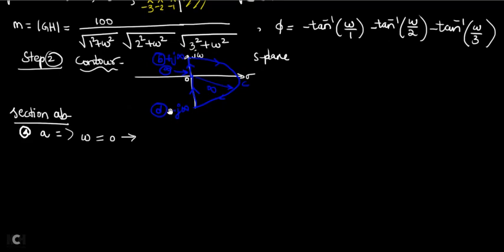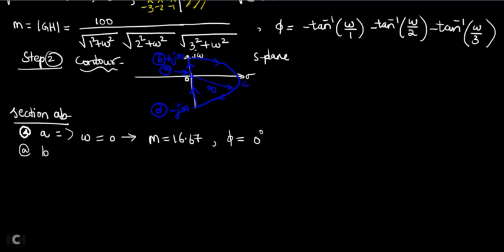If you simplify using your calculator, you are going to get the magnitude M value as 16.67. Now find the phase angle phi. You are going to get minus tan inverse 0, minus tan inverse 0, minus tan inverse 0, so the phase angle is 0 degree.